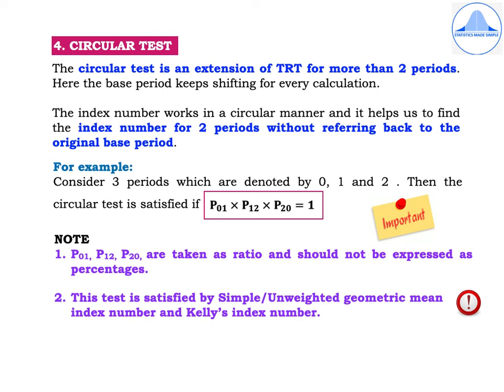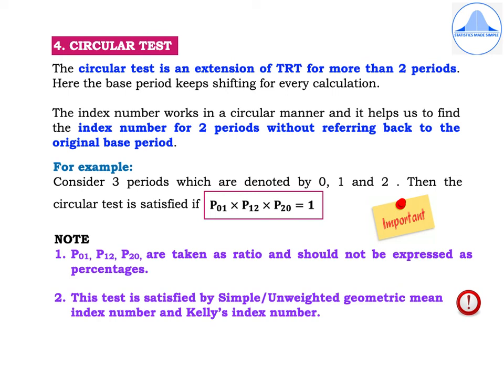If you consider P01, the base year is 0. If we consider P12, here it is a price index number for the current year with respect to the base year, which is denoted by 1. And P20 means it is the price index number with the base year as 2 and the current year which is denoted by 0. So if you observe P01, P12 and P20, the base year is changing.